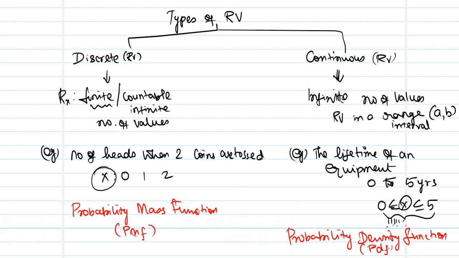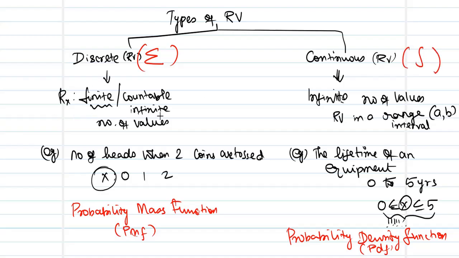The operator which we are going to make use of for the discrete random variable will be summation. You add all the data. But when it comes to a continuous random variable, there are going to be infinite number of values, so you cannot literally add them one after the other. So the mathematical operator which will be involved over here will be integration.